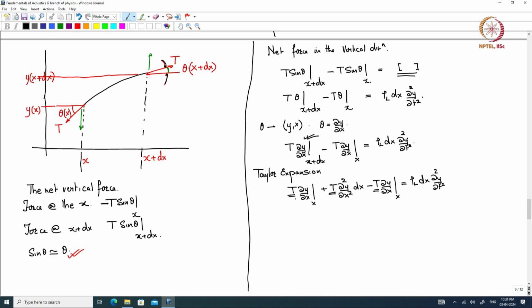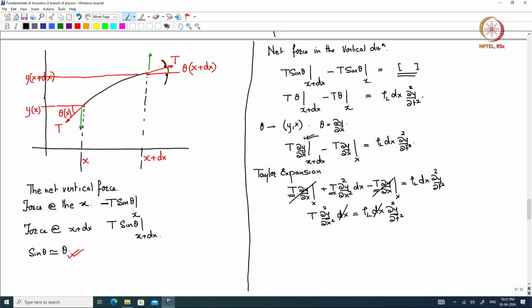Now, if we cancel these common terms, what we have is T del 2y by del x square dx is equal to rho L dx del 2y by del t square.